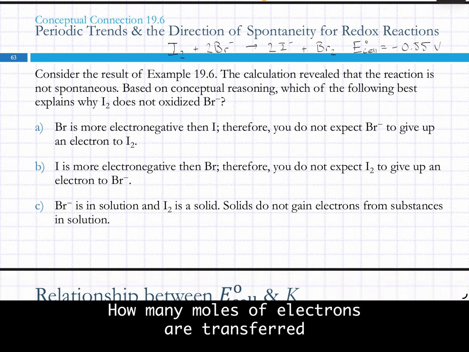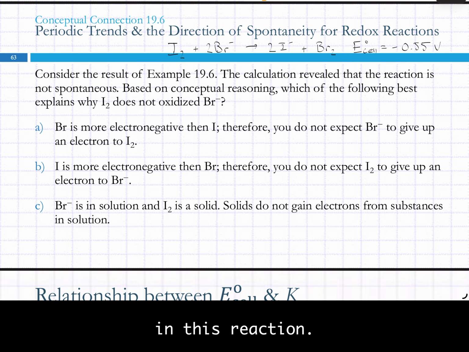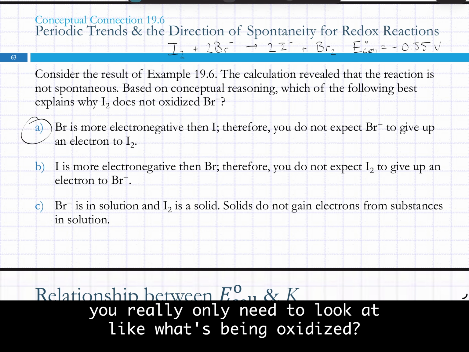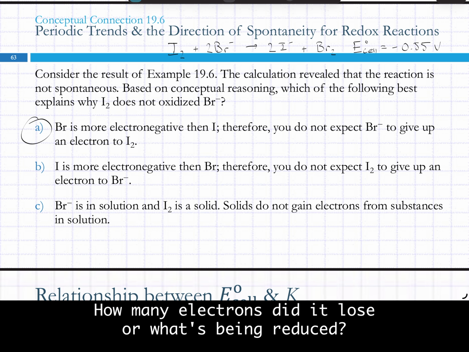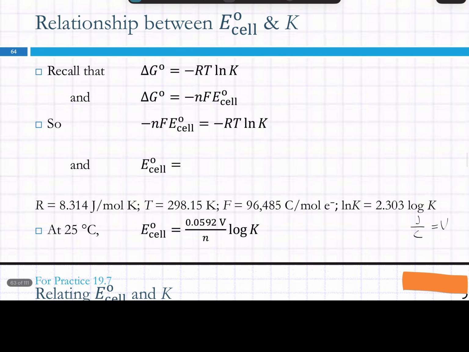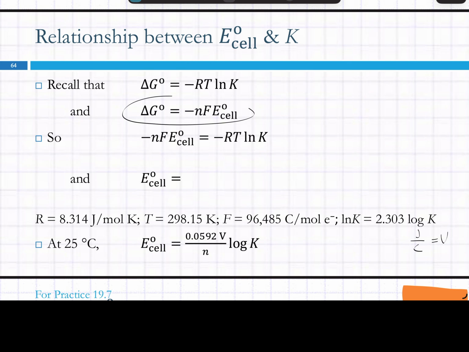How many moles of electrons are transferred in this reaction? As long as it's balanced, you only need to look at what's being oxidized, how many electrons it lost, or what's being reduced, how many electrons it gained. Six.